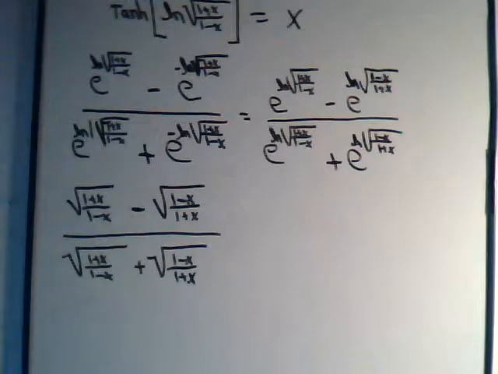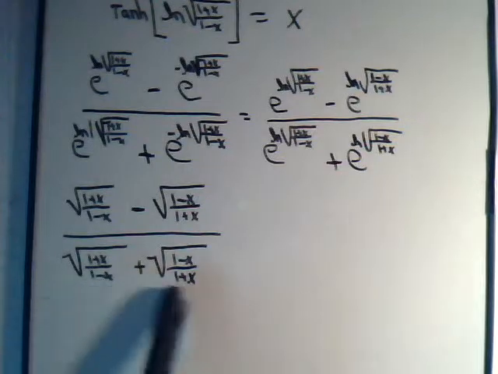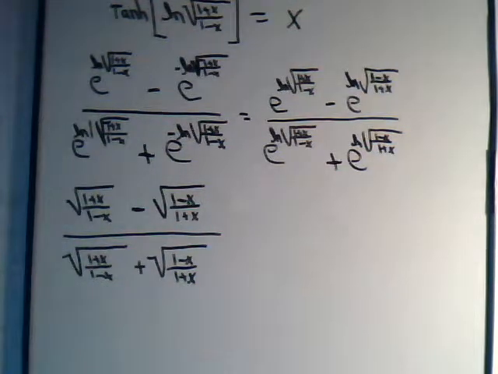Okay, let's see what happens if we multiply by the conjugate of this, to try to get rid of some of these square root signs in the denominator.